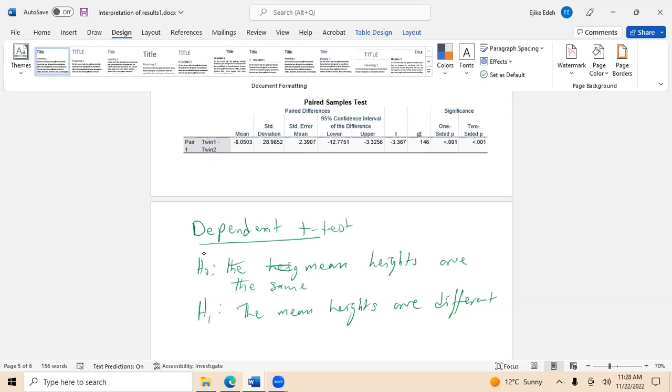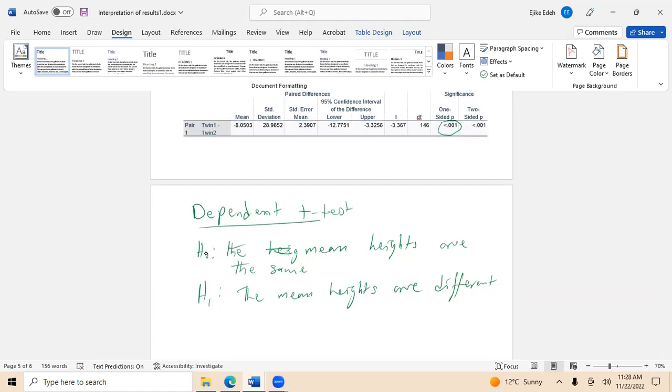Okay, so if you look at the results, again, you focus on your p-value. One tail or two tail, whichever is the option you're testing. But normally we do one tail when you're doing paired sample, right? So one tail here is less than 0.001 as before. So for that reason, we could say again, since the p-value, which is less than 0.001, is less than alpha, which is 0.05.